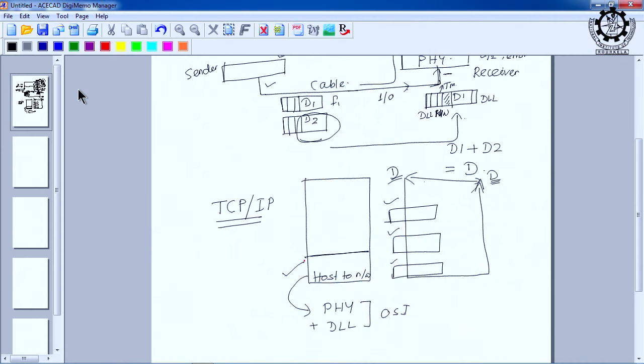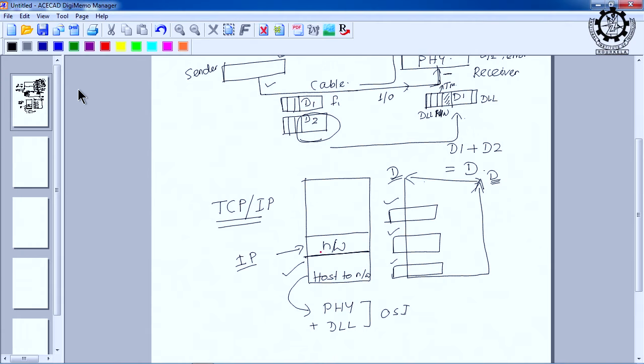Now, above this we have a layer called the network layer, but TCP/IP names it the IP layer. The network layer that is named in the OSI reference model is now named the IP layer in TCP/IP, the internet protocol layer.